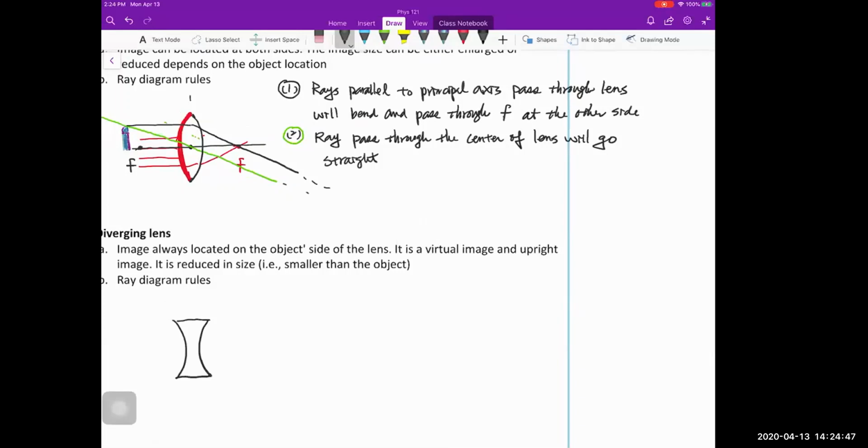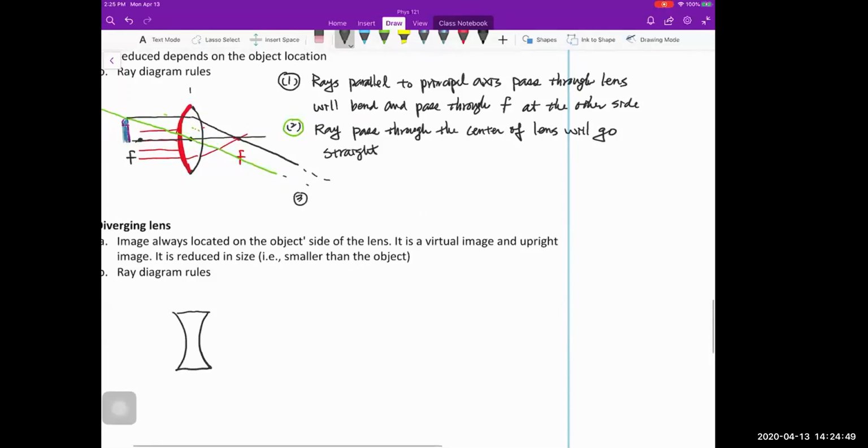You can also write the third rule. Actually, if you wanted to write the third rule, there's another light ray. This light ray is this.